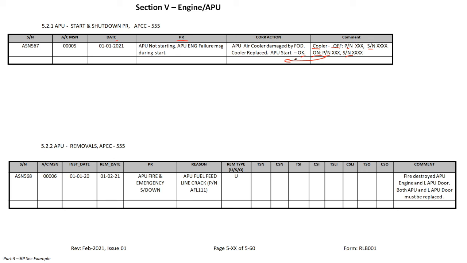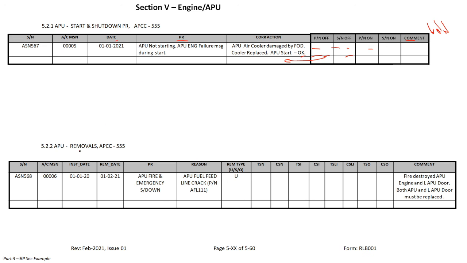The answer is yes, and not only this, we could create specific columns, specific cells for removed parts, part number off, serial number off, and installed parts, part number on, and serial number on. Definitely, we can put some comments here also. And as we are always saying, we can continue this list based on our experience, based on our aviation authorities' requirements.